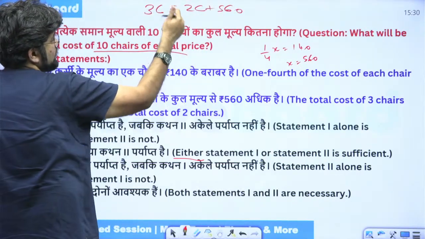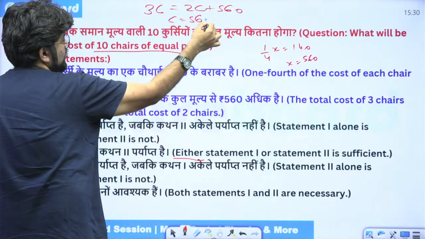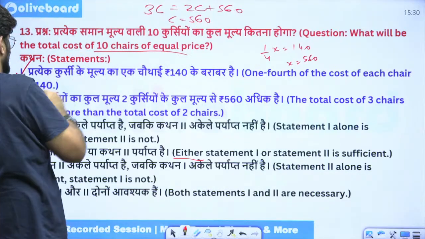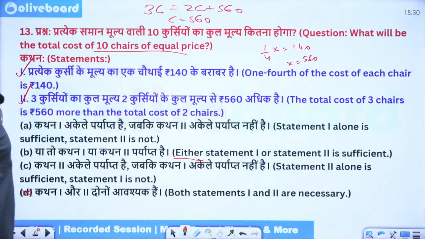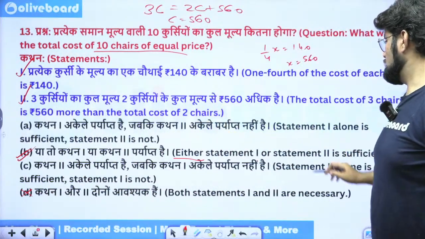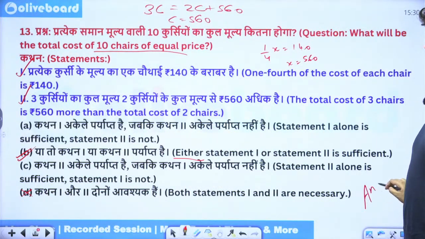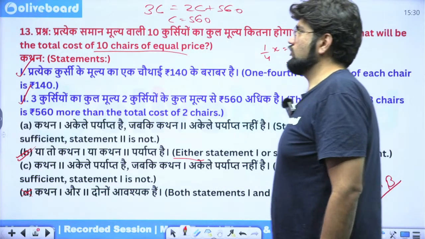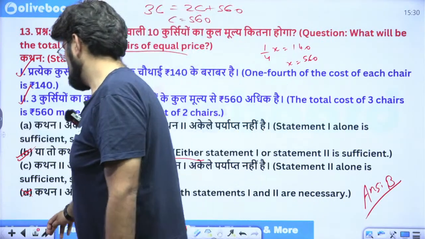From here I can find out the cost of one chair is 560. You don't have to write this. You will just understand in your head that this is also sufficient to find the cost of one chair. That means either or is the correct answer here. Even one alone is sufficient, even 2 alone is sufficient, but they don't need to be taken together. One alone will also give me the answer. 2 alone will also give me the answer.